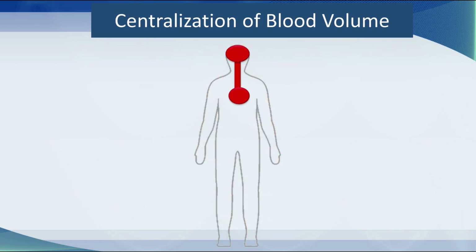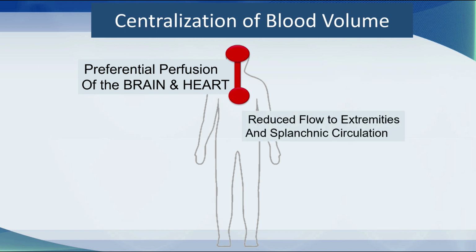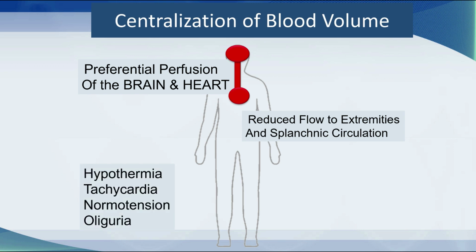So there is preferential perfusion to the heart and the brain during the initial phase of the stress response, and reduced flow to the extremities and the splanchnic circulation. As a consequence, when the stress response is activated, there is hypothermia, tachycardia. The blood pressure will stay more or less the same because of intense vasoconstriction, even if the patient has lost a lot of blood, and the urinary flow is low.